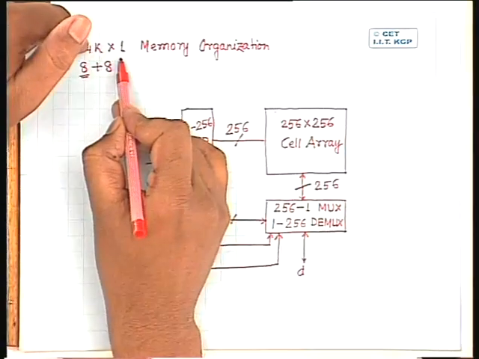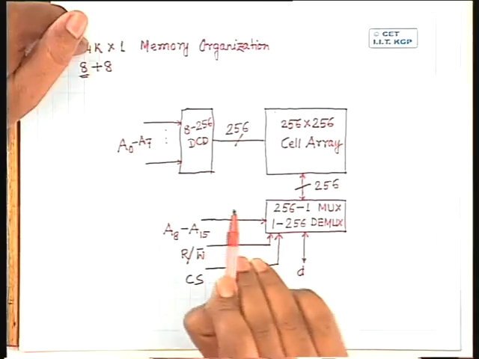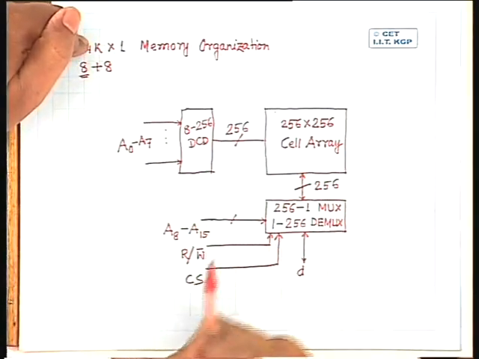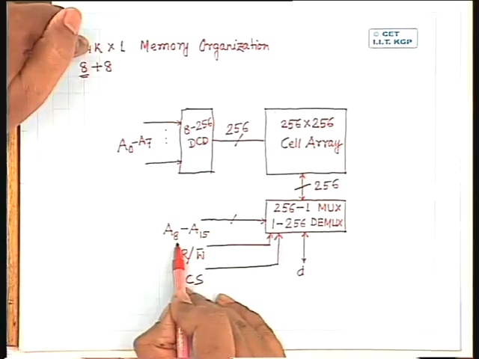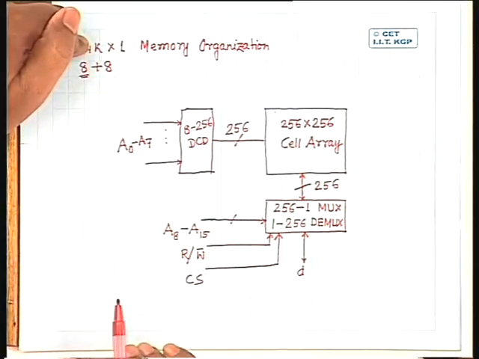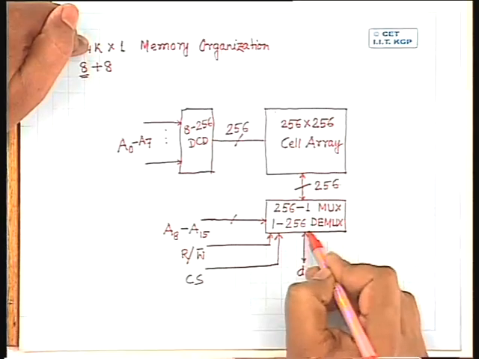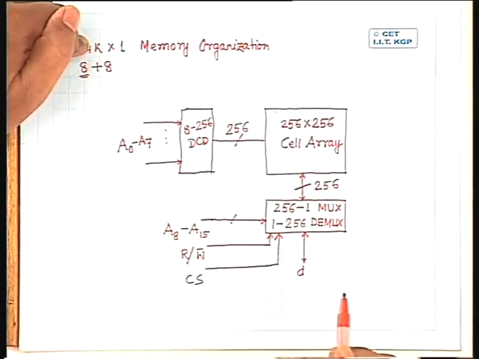When I want to read a particular location, that means I have to read a particular bit, a particular cell in those 256 cells. Which cell I want to read depends upon what address is being fed to the A8 to A15 lines. Depending upon that, one of these 256 will be selected and will be available at the output of the multiplexer.